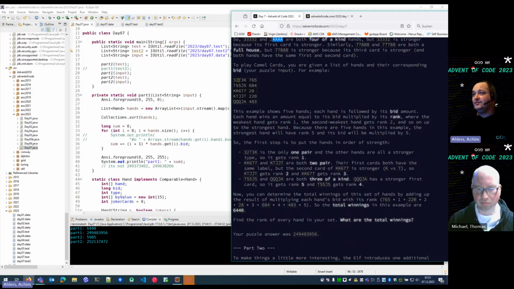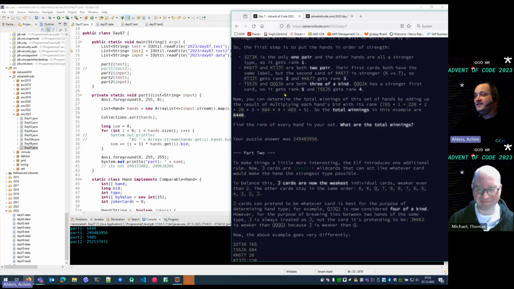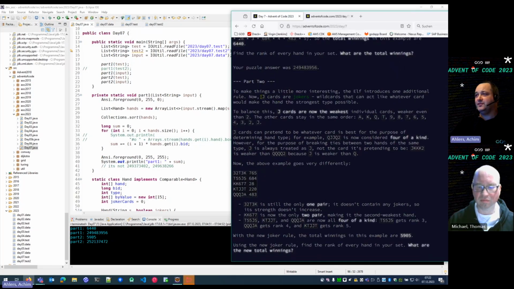And for each card, we are given a value, which is relevant for the evaluation. I first thought we don't need it, but we do need it. For the second part, it gets a bit more wild, because the Js are no longer jacks, but jokers. And as such, they have a lower value, but you can use them as jokers.